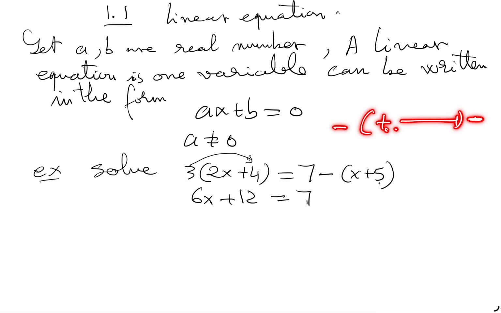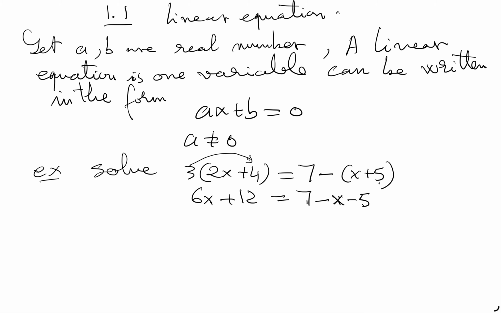Negative times positive is always negative. That's why here you have negative. Positive times positive will become positive. Okay, now you have this one. Negative times positive here is just negative x, and negative times positive also is negative 5.